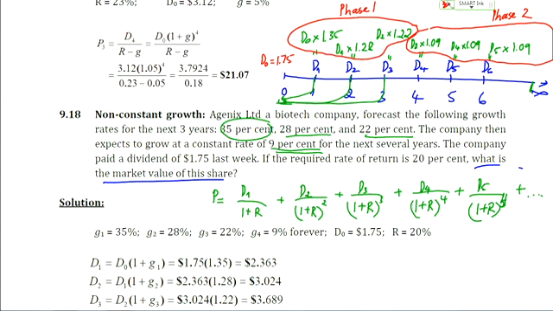So for the first 3 cash flows, you have to calculate the present value manually. Just discount them one by one, and you can get the present value of D1, D2, and D3. So what would be the present value of D4, D5, D6 to infinity?